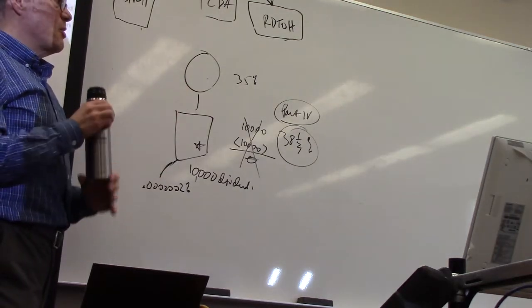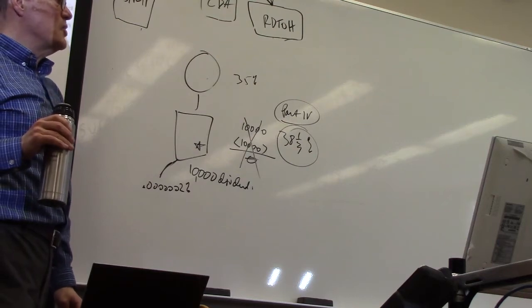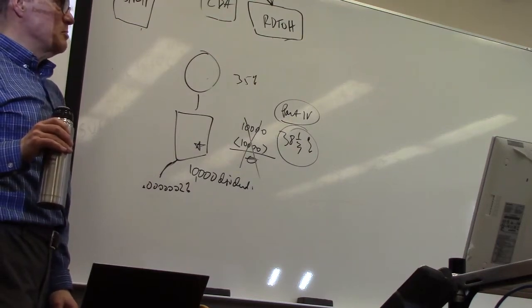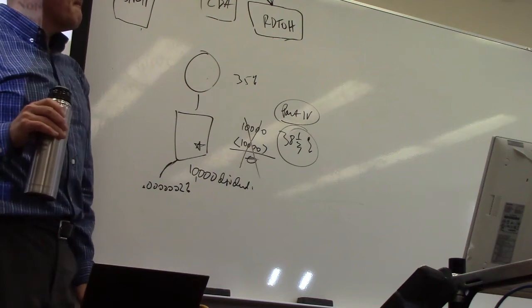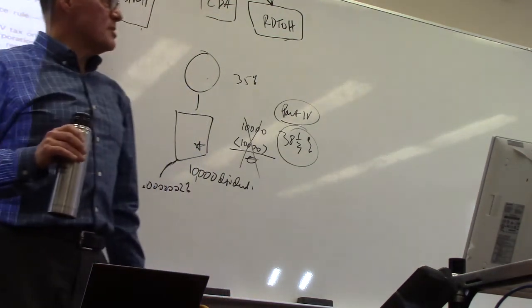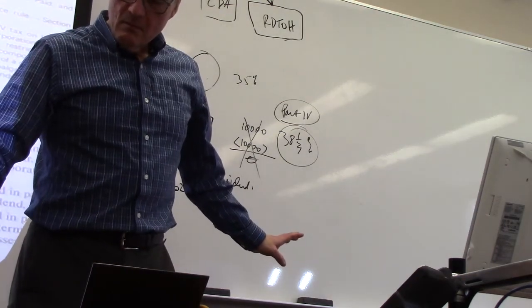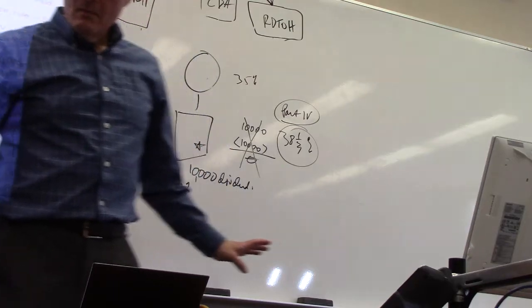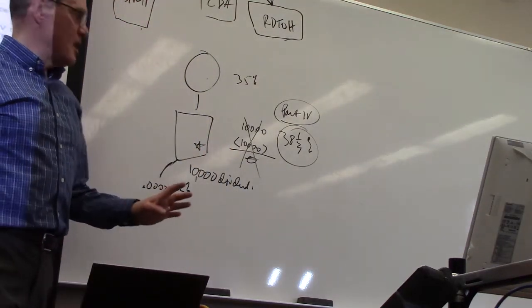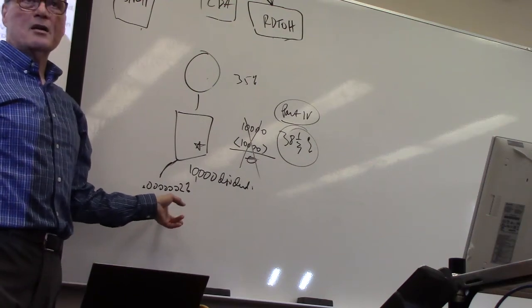pay a tax under this Part 4, 38 1/3% of all assessable dividends received from corporations other than corporations connected with it. You can assume for the time being that my corporation is not connected with Shopify.